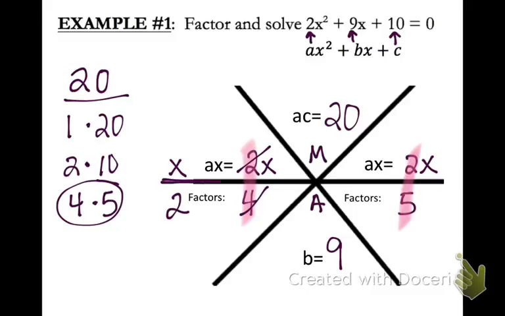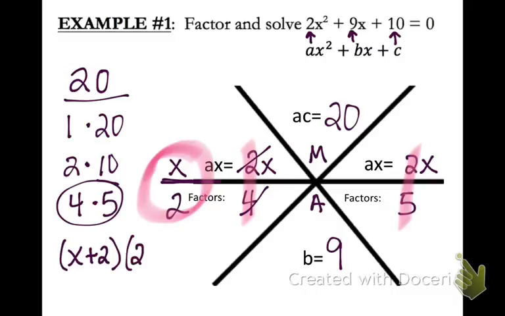So my final factored form is x plus 2. I got that from right here, x and then a positive 2. And 2x plus 5. I got that from right over here, 2x and a positive 5. Now I need to set these equal to 0 and solve.